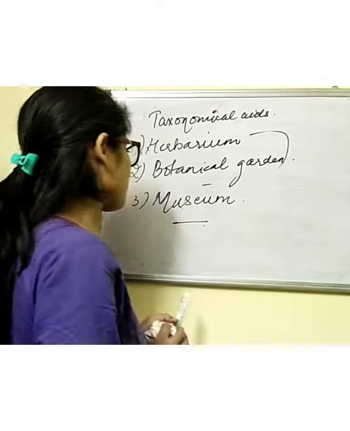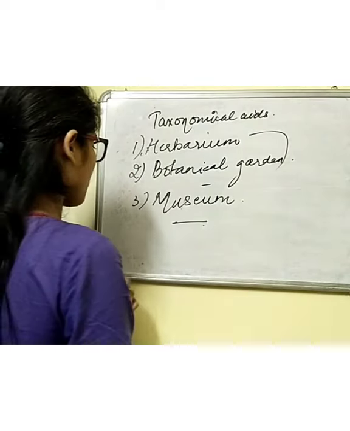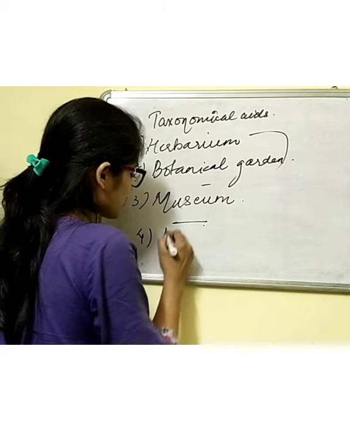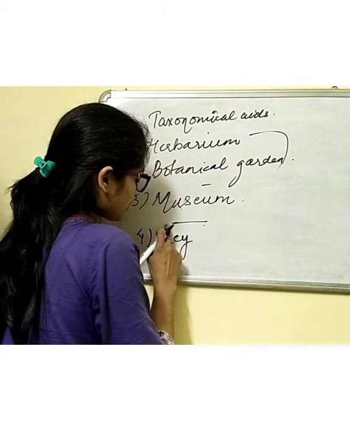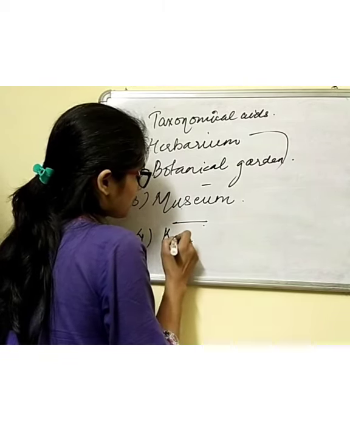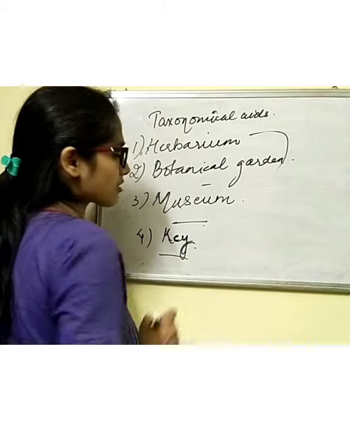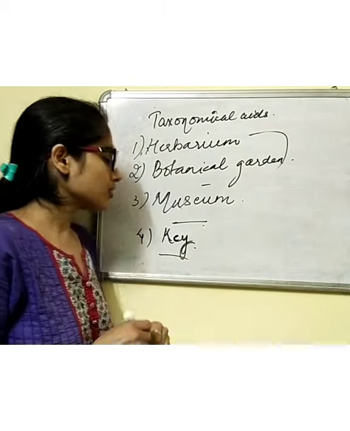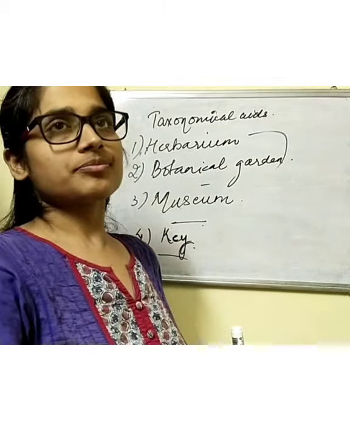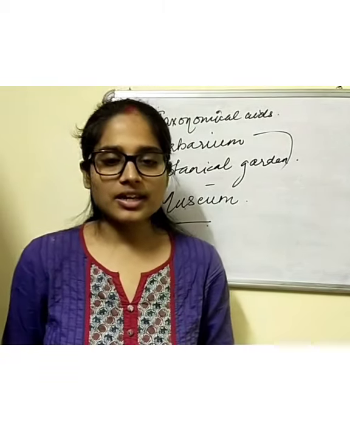Alright, so this is about the museum. Now we come to the fourth taxonomical aid, which is the key. The fourth taxonomical aid is key, and we'll talk about it. So what is a key?